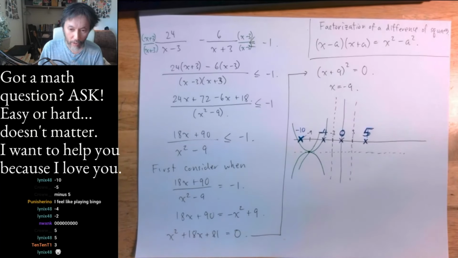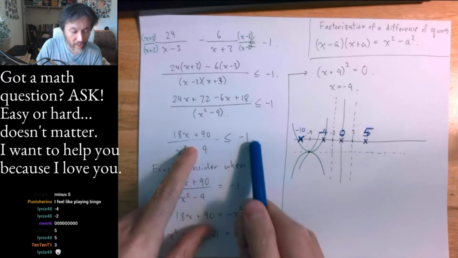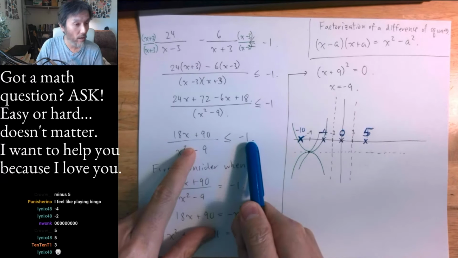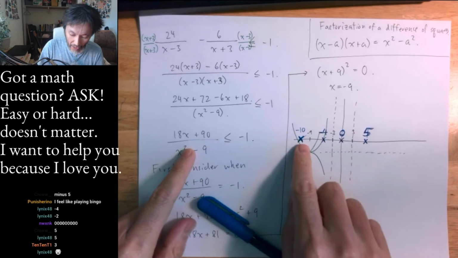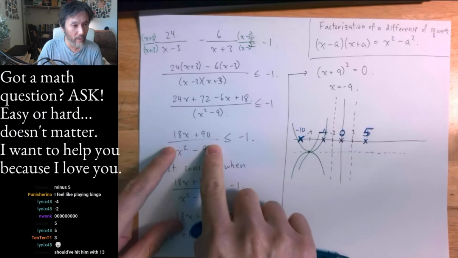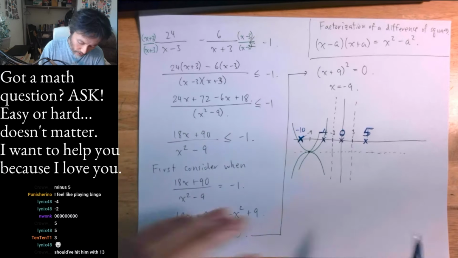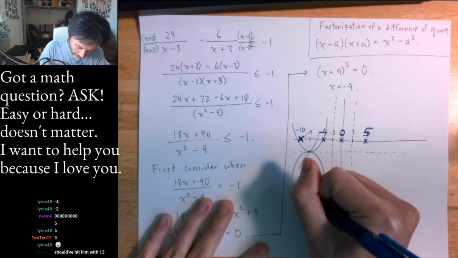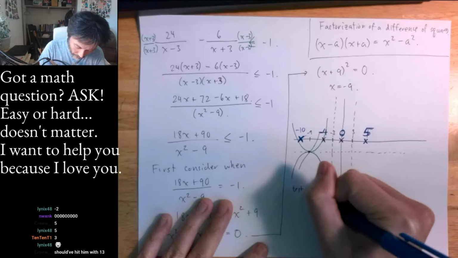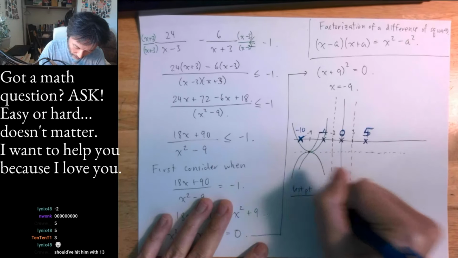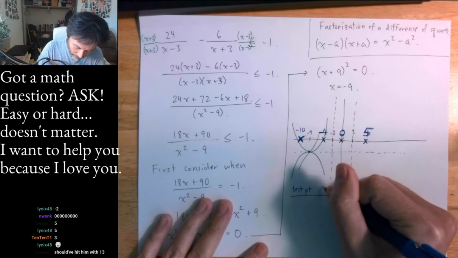So what we're going to do is test whether or not this inequality is satisfied. How? By plugging these values into this expression here and seeing whether or not this inequality is satisfied. So I'm going to write it like this: test point. And then I'm making a table.